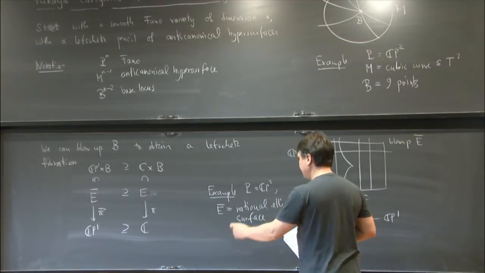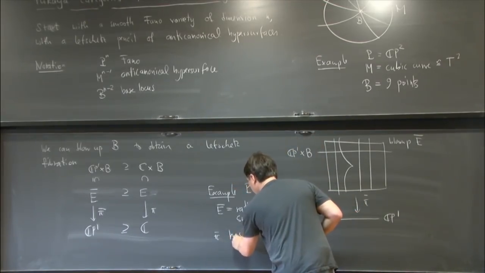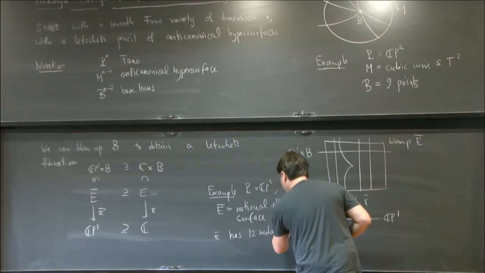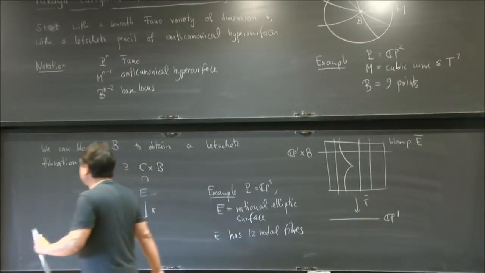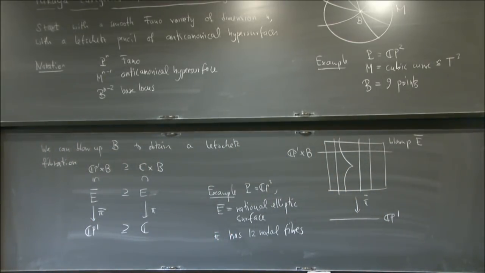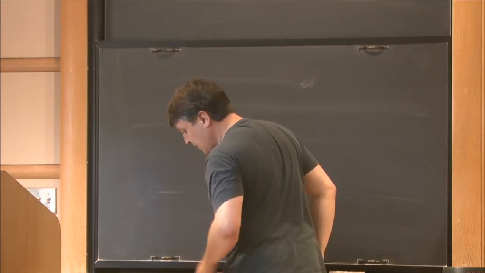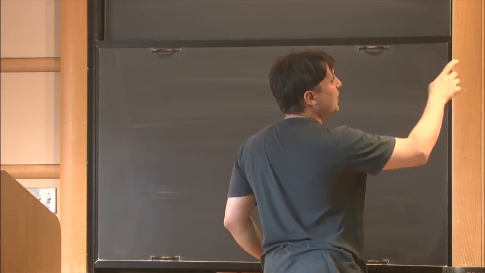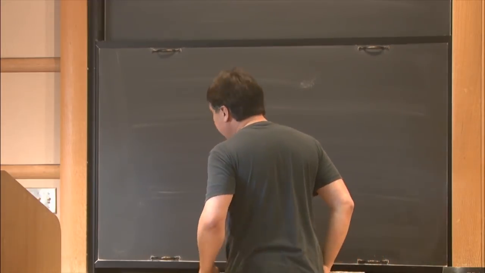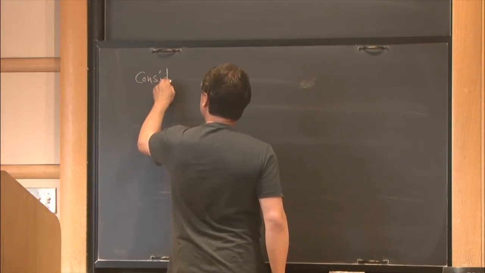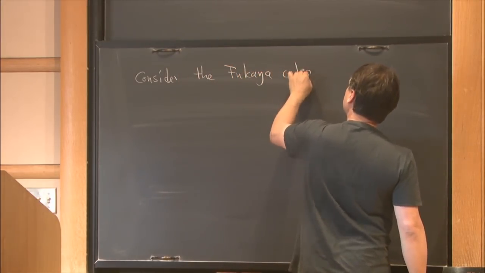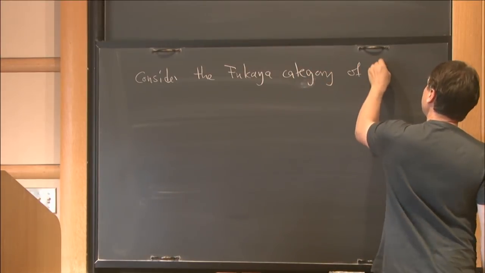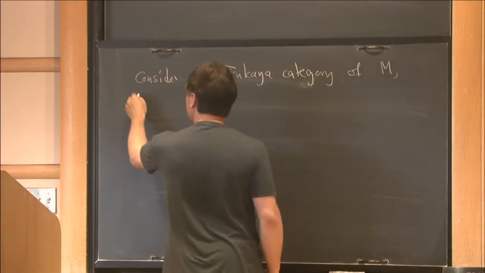And pi bar has 12 nodal fibers, which correspond to the singular members of the original pencil. What I'm actually interested in is the Fukaya category of M, the Calabi-Yau hypersurface, in 3 versions.